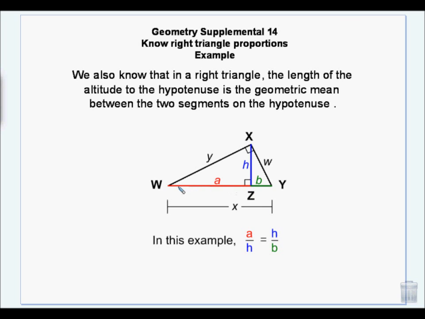So the long segment over the altitude is equal to the altitude over the short segment. This would be the geometric mean. And we can use this if we have one of the heights, like if we have this altitude and we have A, we can find B, or if we have A and B, we can find the altitude height. If we have two, we can find the third. Exactly the same thing.